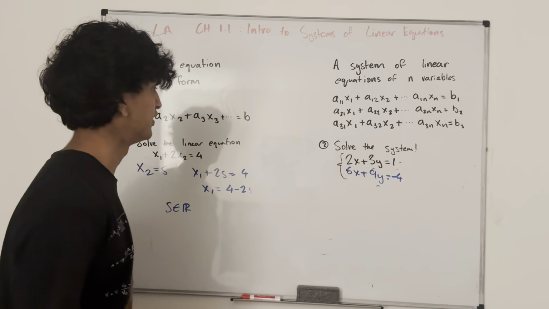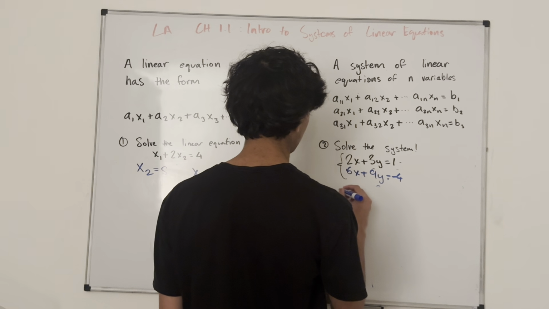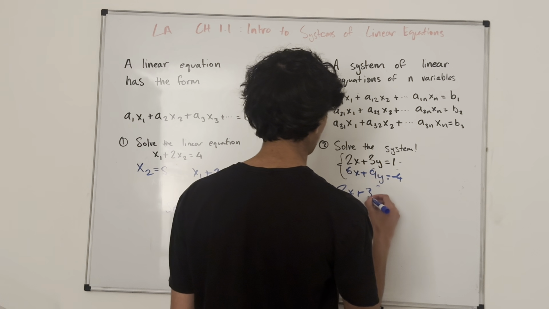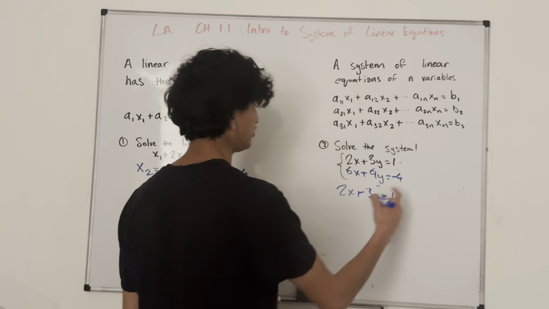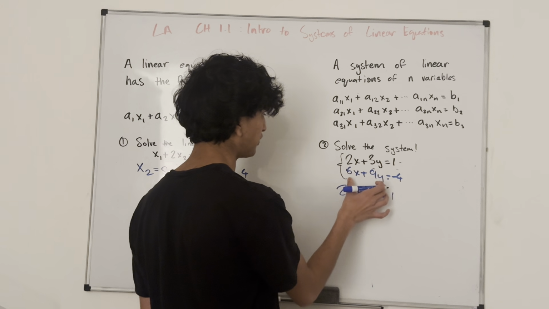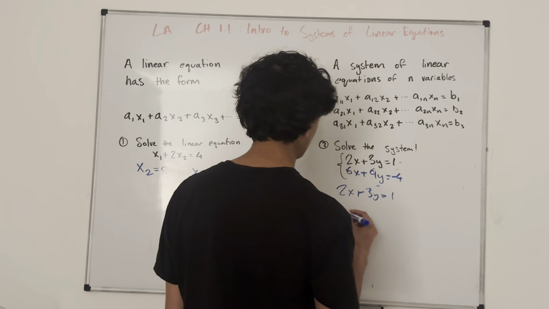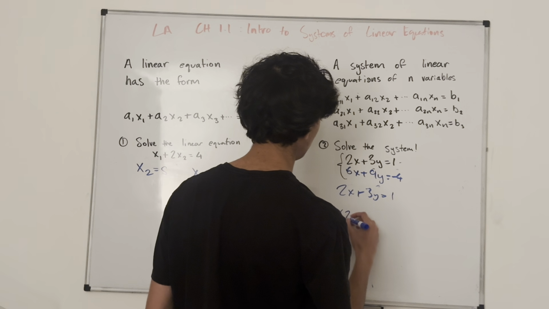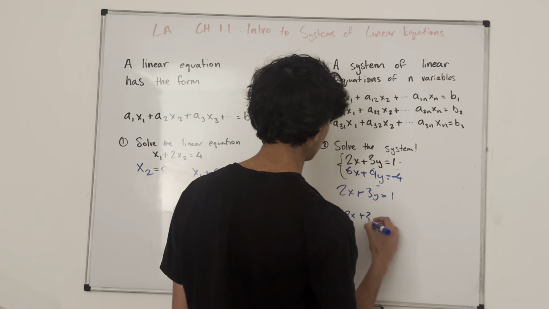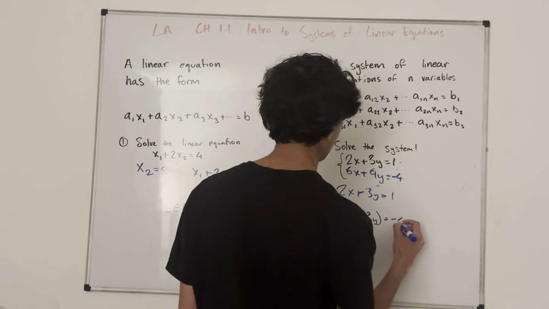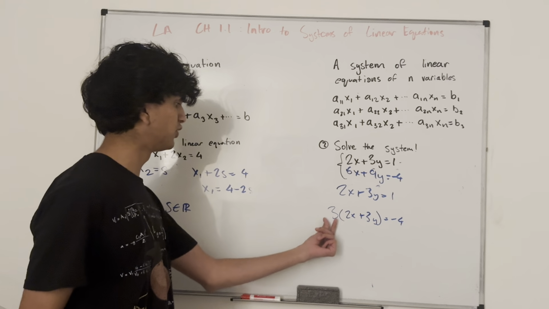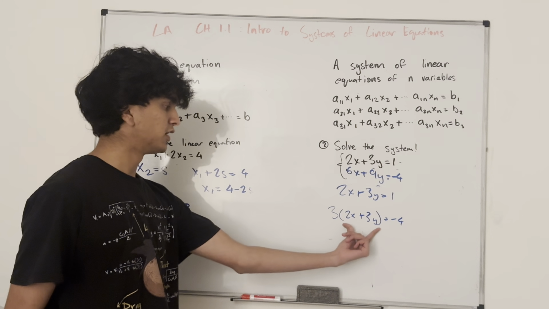Well, what you notice is, you could say 2x plus 3y equals 1, and this is the same thing as factoring. If you factor out a 3 from the left-hand side, you get 3 times 2x plus 3y.